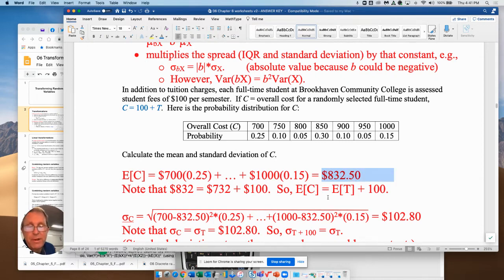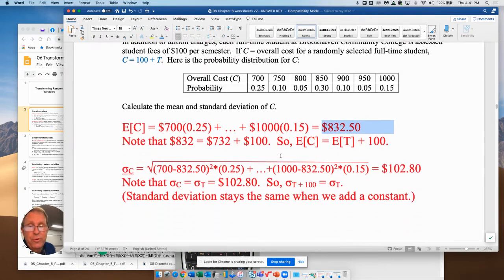How about standard deviation? When I add a constant, the standard deviation doesn't change. Let's see if that holds true in our example. I'm adding a constant, and now I want to calculate the standard deviation. One way of doing it is the long way, and I get the same standard deviation as I had before.